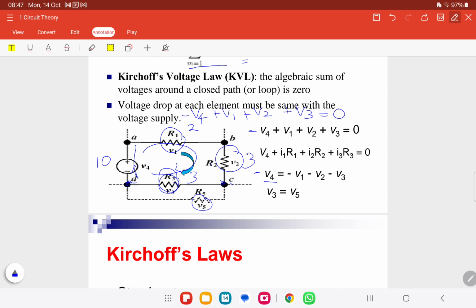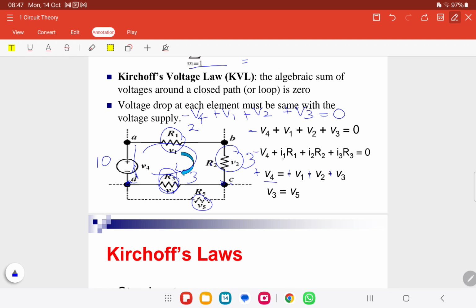Must be equal semua dekat dalam component. Nampak tak? So this is sebenarnya semua kalau tambah, semua tambah lah ni. Boleh? So minus V4 plus V1 plus V2 plus V3 equals to 0.